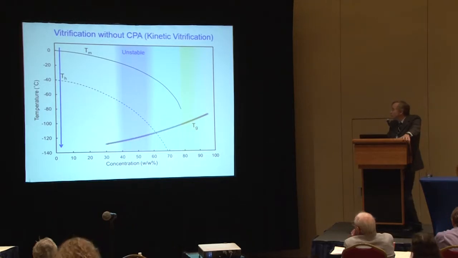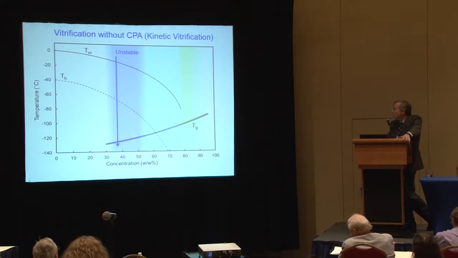And this has been called kinetic vitrification. Igor Katkov explained that it works because sperm have a very high polymer concentration intracellularly. So in terms of the physics of what's happening with so-called kinetic vitrification, it's actually best regarded as another example of unstable vitrification in that part of the phase diagram.